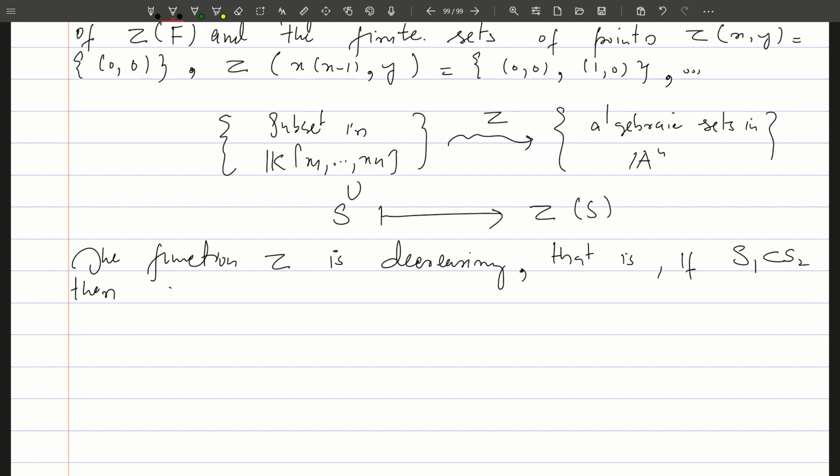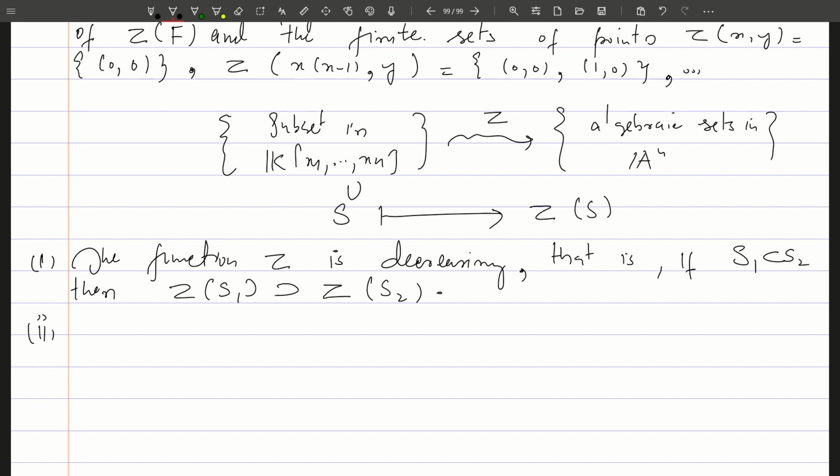I mean, the zeros of the smaller set will be bigger than the zeros of the bigger set. So this is what I mean by decreasing, and this is what we proved earlier.